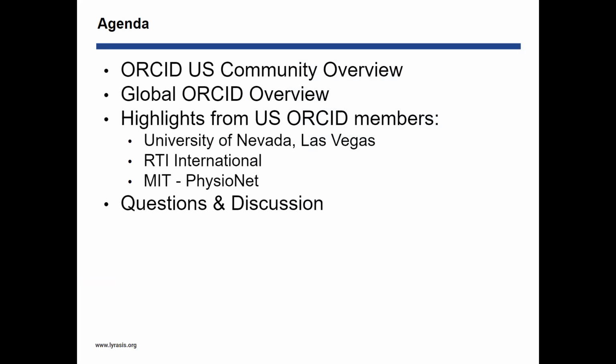So many thanks to our presenters. We're going to have Christina Miski at the University of Nevada, Las Vegas, Bonnie Crotty Nelson at the Research Triangle Institute, and we'll hear from Tom Pollard and Brian Gao from the PhysioNet team at the Massachusetts Institute of Technology, or MIT. And then we'll wrap up with discussion and questions at the end.